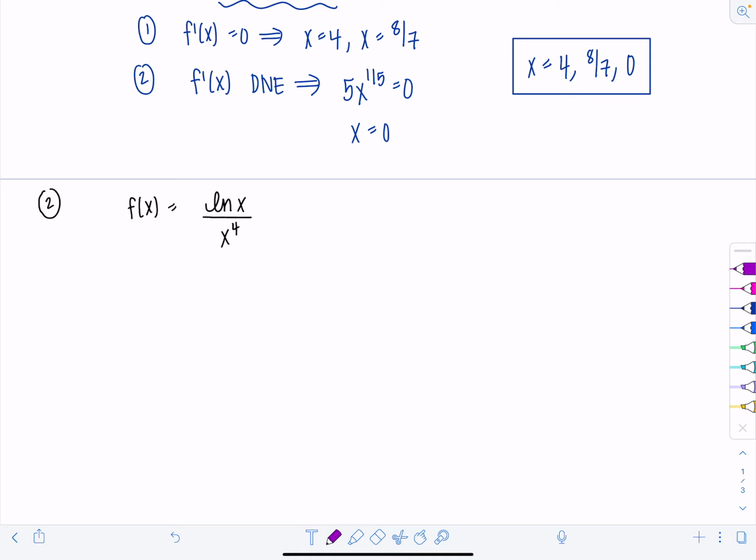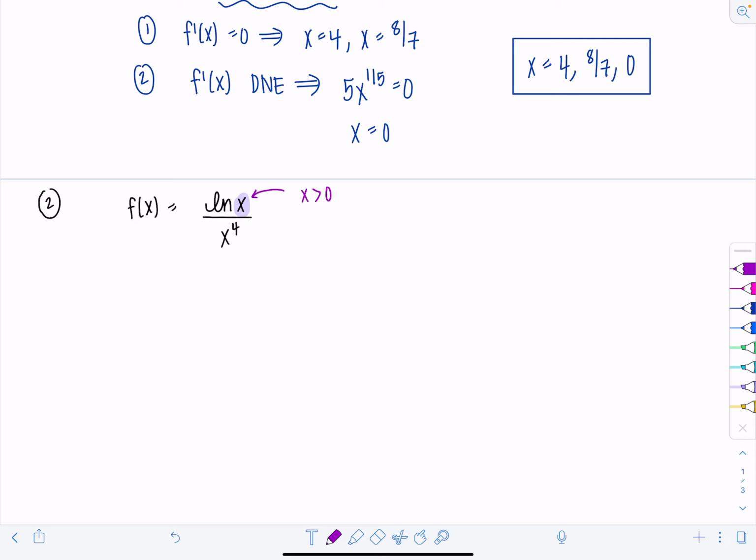Natural log of x: I know the domain for logarithmic functions is restricted. The argument has to be positive, and it can't even equal 0. Remember the graph of natural log of x? We've got that vertical asymptote at the y-axis. So that means x has to be strictly greater than 0.